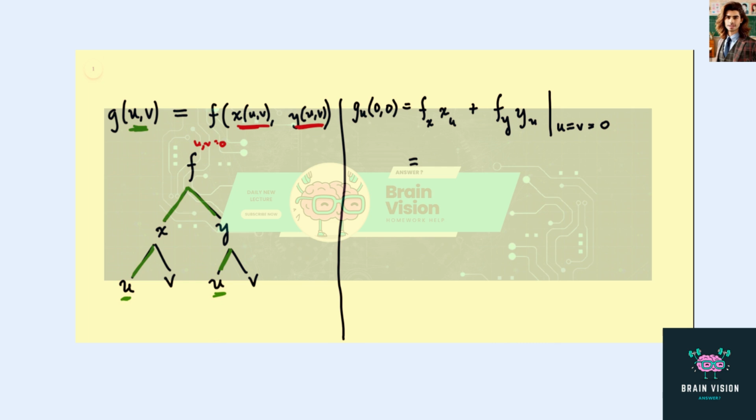So let's look. x, our first input for f, is defined as e to the u plus sine v. So let's keep track of this. x equals e to the u plus sine v, and y, the second input, is e to the u plus cosine v.